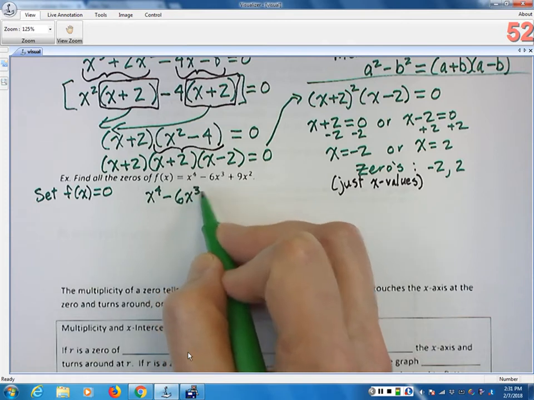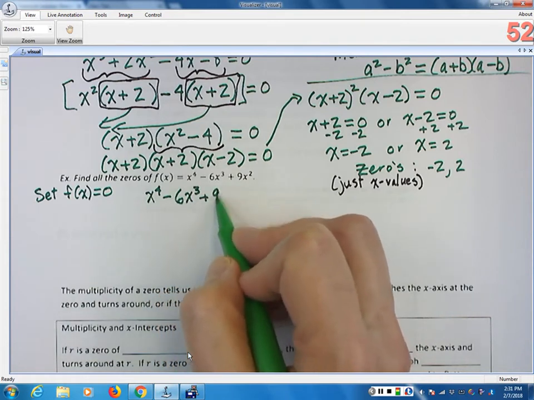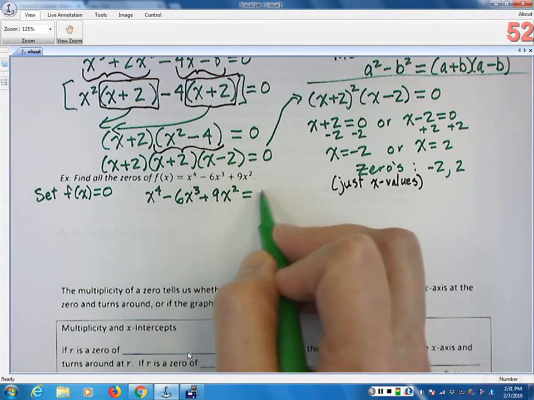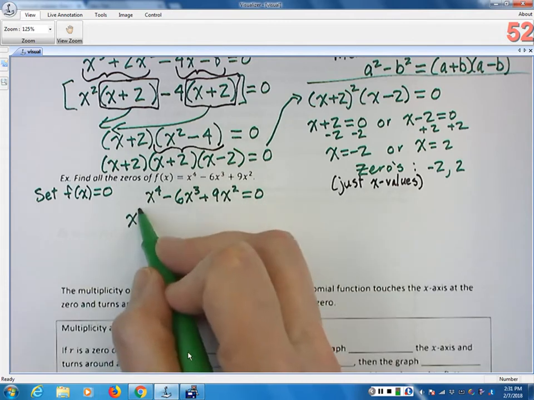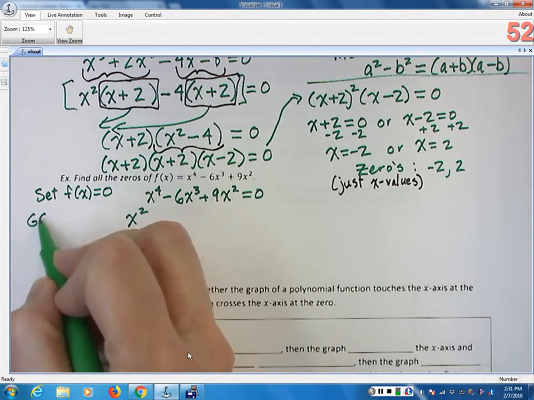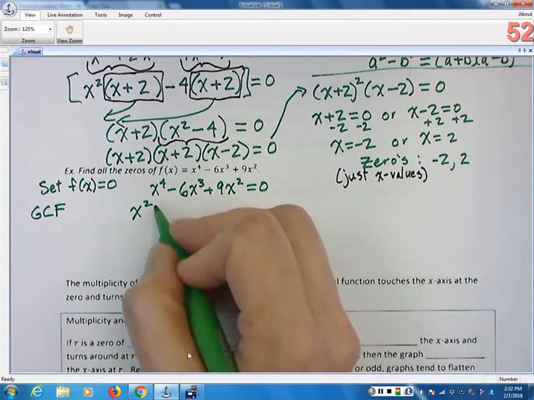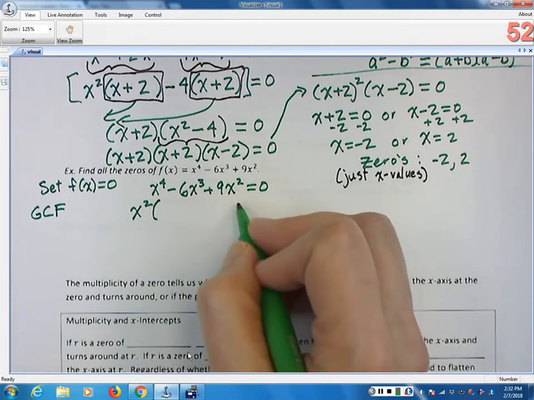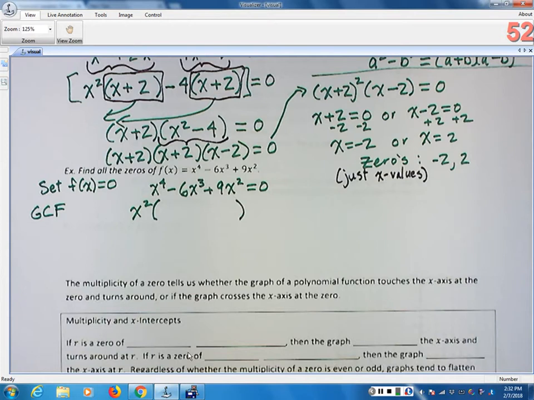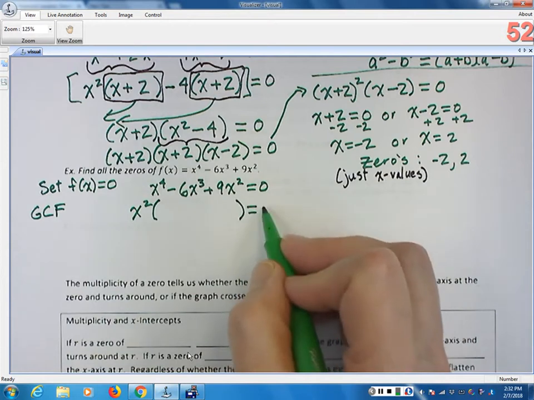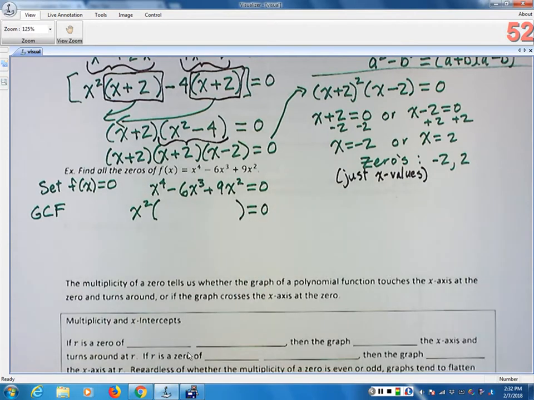You could factor out the greatest common factor of x squared. So first you look for your GCF, greatest common factor. Good job. So you'll factor out an x squared, and you guys do that on your paper in a minute. Let's see if you can get that.